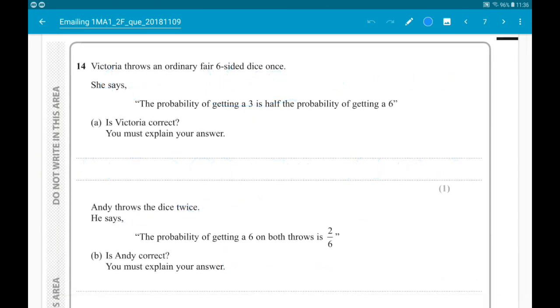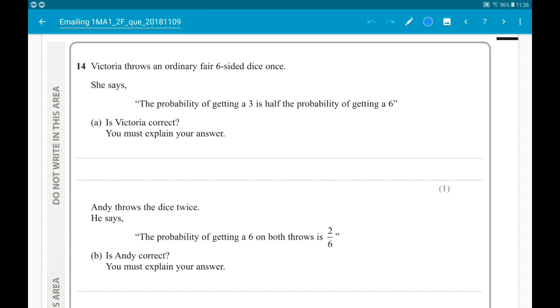Okay, number 14. Veronica throws an ordinary fair 6-sided dice once. She says the probability of getting a 3 is half the probability of getting a 6. Is Veronica correct? You must explain your answer.